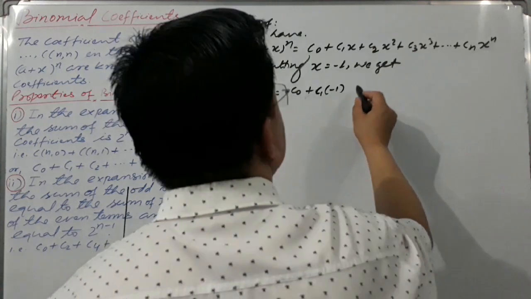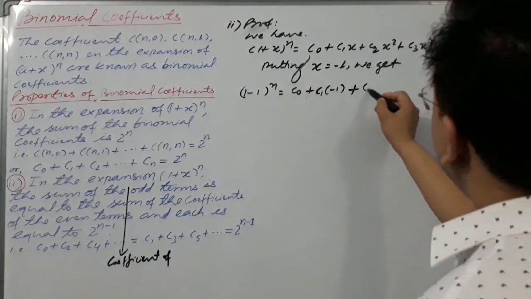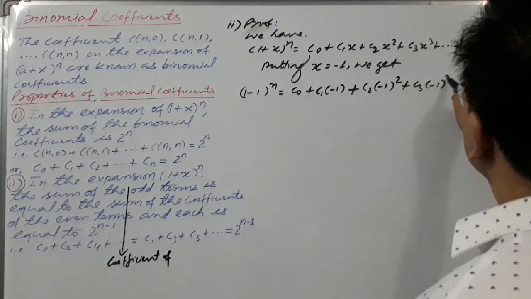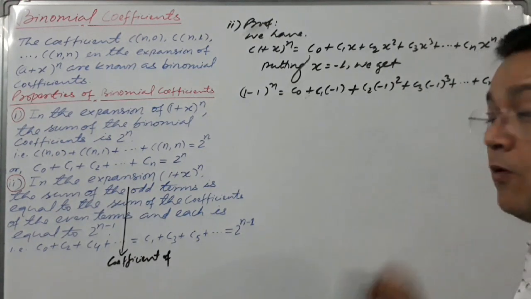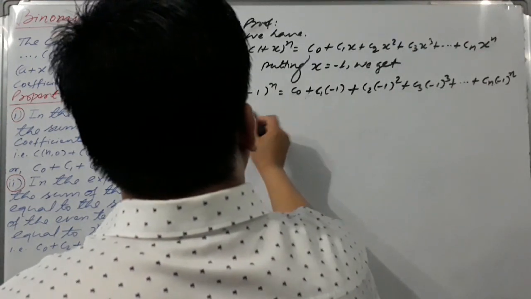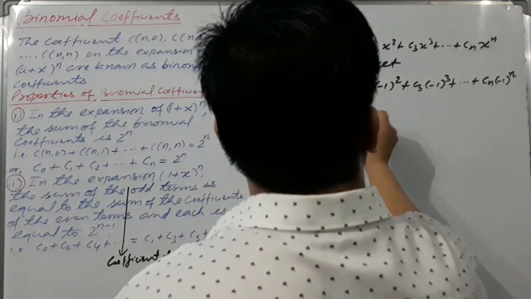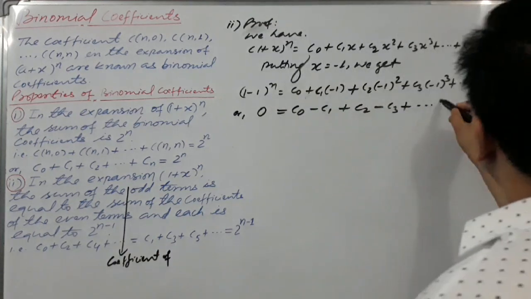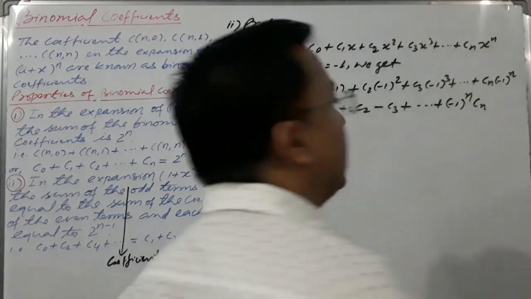I'm not writing directly, otherwise you may get confused. Here you are going to get 0 = C0 - C1 + C2 - C3 + ... + (-1)^n Cn.